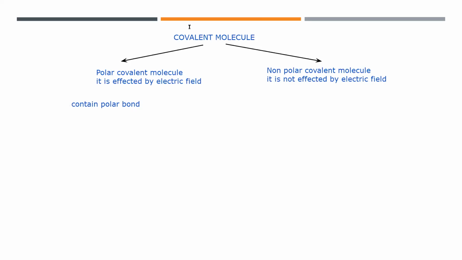But if a molecule is non-polar, then it has two possibilities. If the overall molecule is non-polar, or not affected by electric field, what are the two possibilities? It may contain non-polar bonds or it may contain polar bonds.